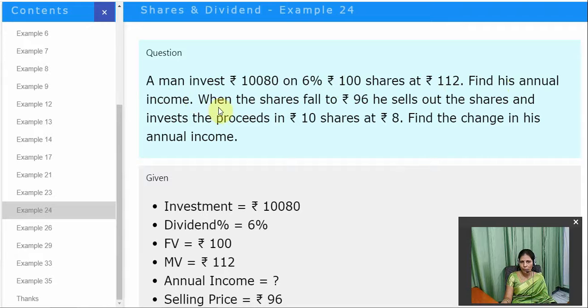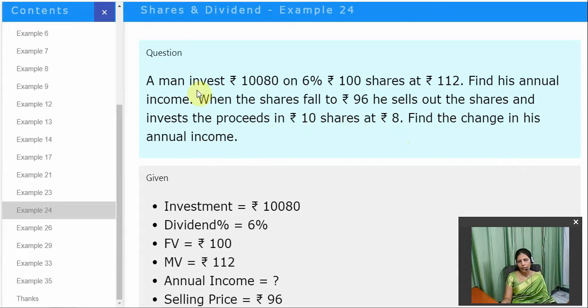And then what happens? When the shares fall to rupees 96, he sells out the shares and invests the proceeds in rupees 10 shares at rupees 8. Find the change in his annual income.